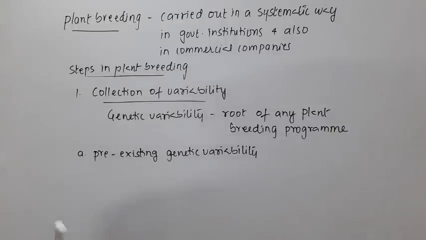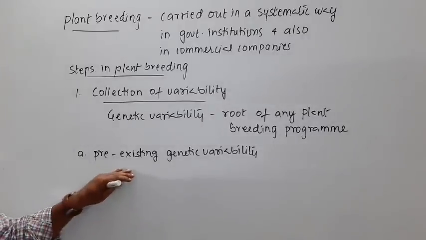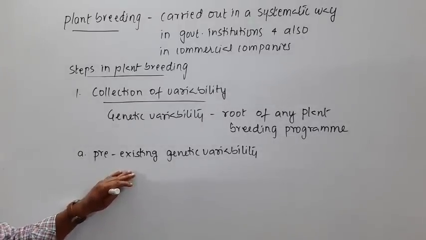We will first screen the plants to see whether they have the characters that we are looking for. That is what pre-existing means: already present in those plants.